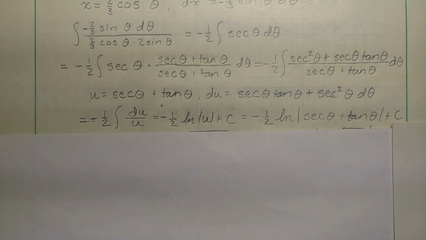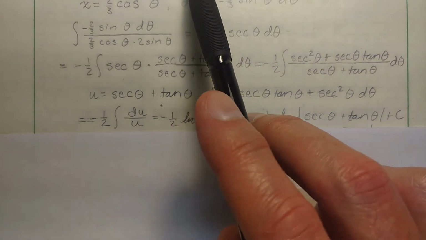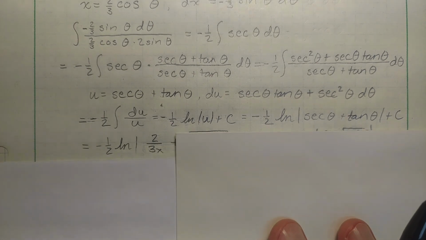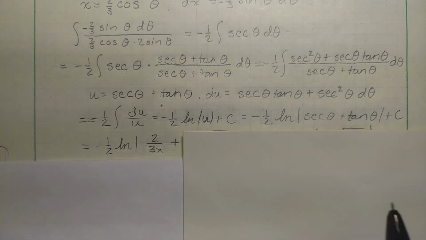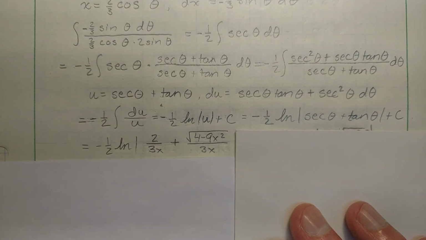And then if I substitute back in for u, I get negative 1/2 natural log of secant theta plus tangent theta plus c. Now I can go back to my triangle to substitute in for secant of theta. Secant of theta is 2 over 3x. Plus tangent is going to be the square root over the 3x.